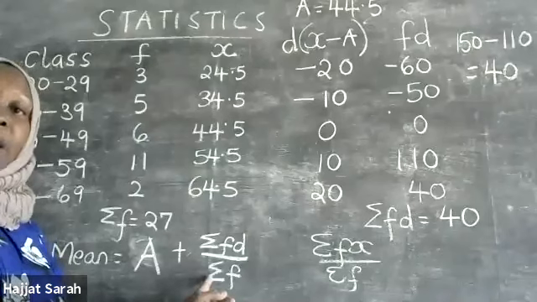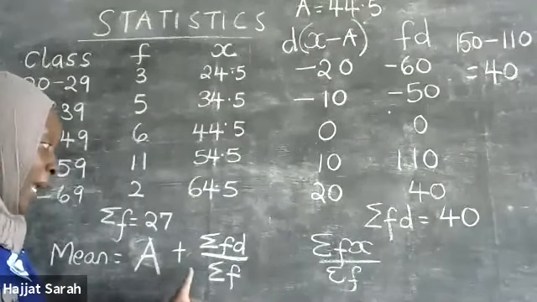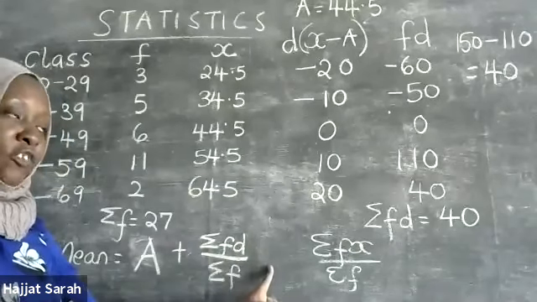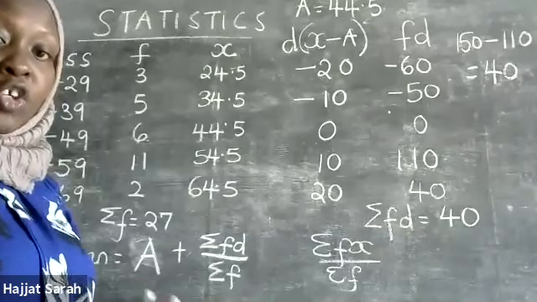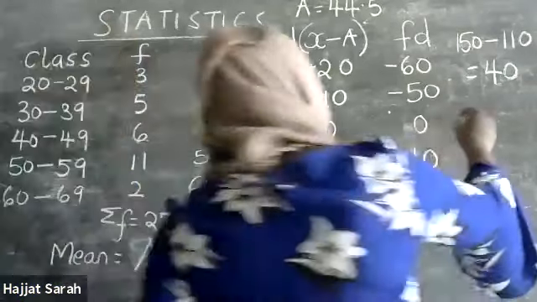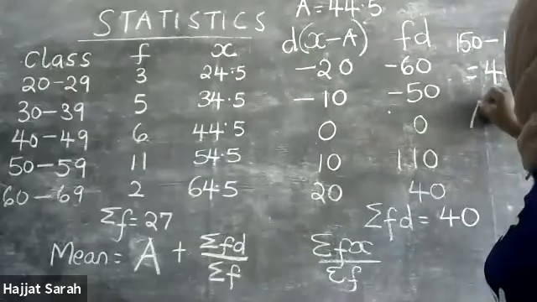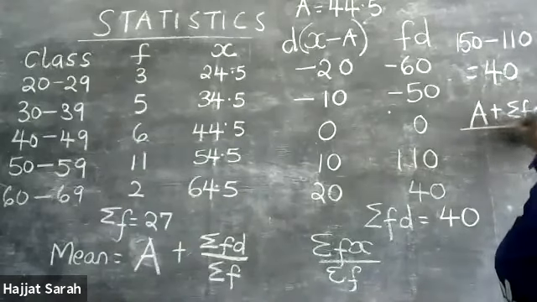We get a new formula for getting our mean. It is our working mean plus summation of FD over summation of F. And I said, we don't put it under one denominator. So I don't expect you to say A plus summation of FD, and then you do this.